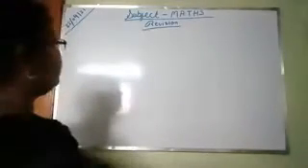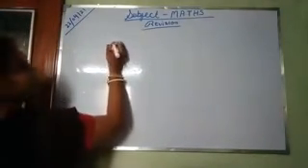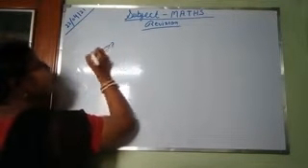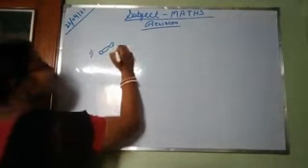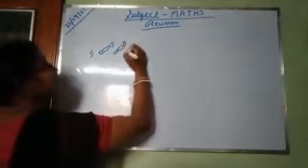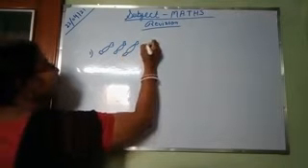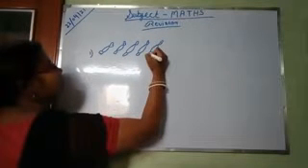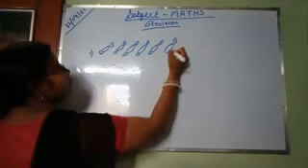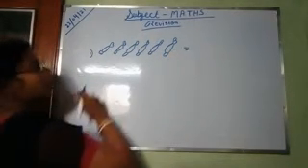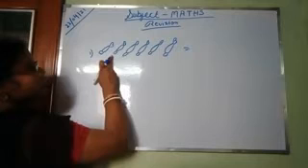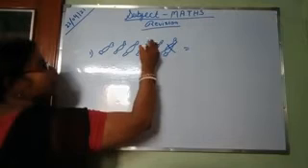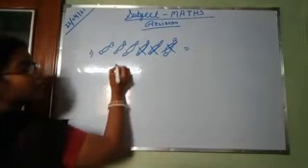In picture form, I will give you subtraction like this. Suppose I have toffees. You count: 1, 2, 3, 4, 5, 6. I have eaten 3.